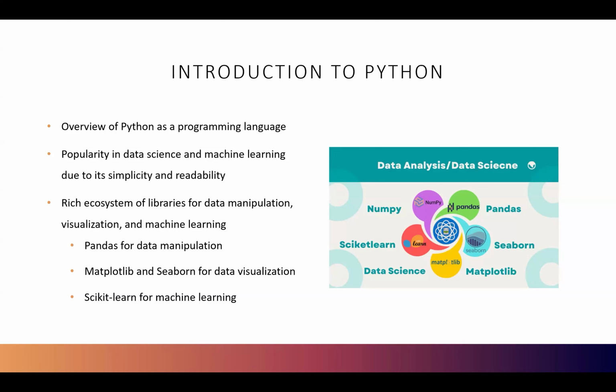As I mentioned, it has a rich ecosystem of libraries for data manipulation, visualization, and machine learning, and there are others outside of it. And as I said here, this is the correct spelling: scikit-learn for machine learning, Matplotlib and Seaborn for data visualization, and pandas for data manipulation.